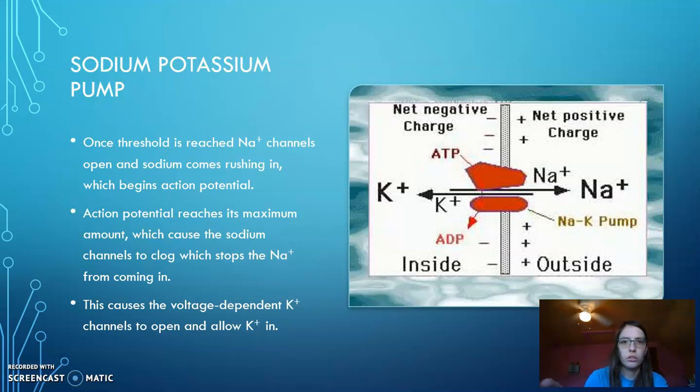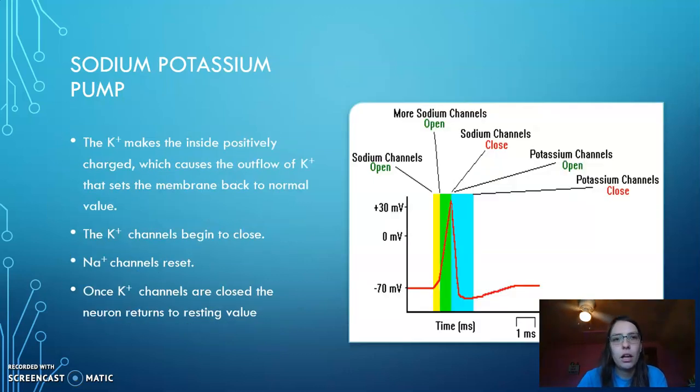And this picture just shows you the flow of them. So the next slide, I'm just going to touch on the graph because this is a pretty good graph. Where you see the negative 70 millivolts, that is your resting potential.